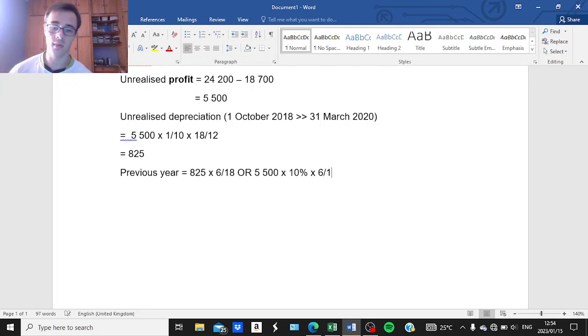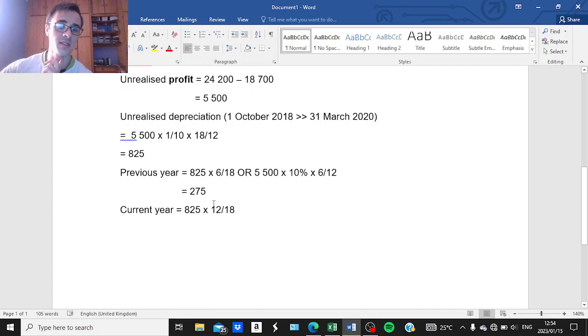Okay, an alternative is taking the unrealized profit of 5,500 multiplied by 10%, and then we will multiply by 6/12. Okay, both of those calculations will give you the same answer, which is 275. And then for the current year, we will take the 825 multiply by 12 over 18 because we are calculating depreciation for 12 months and this amount relates to 18 months.